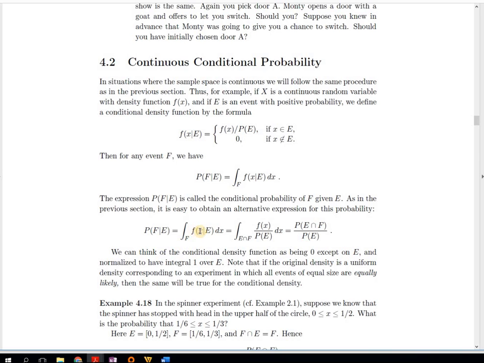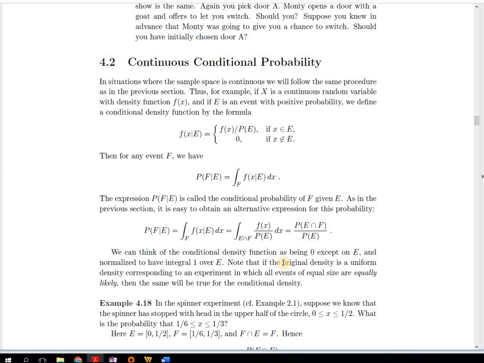If you plug in this formula, then you're just using f of x, and you're integrating over E intersect f. So if you take out this 1 over p of e, which is a constant, you're integrating the density over the intersection of e and f. So there's this kind of symmetry between f and e. Probability f given e and probability e given f both depend on the probability of this intersection, but one is divided by e and the other is divided by f.